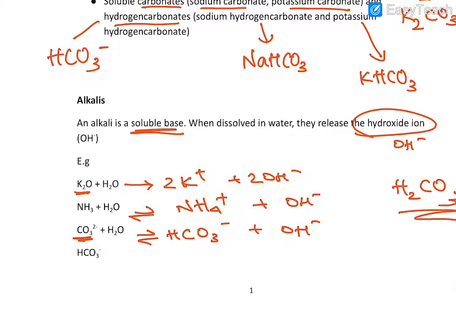Hydrogen carbonate as well acts as a base, so we need to add water here. This is going to accept an H plus, so H2CO3 plus OH minus. Because you have formation of OH minus, these are all bases.